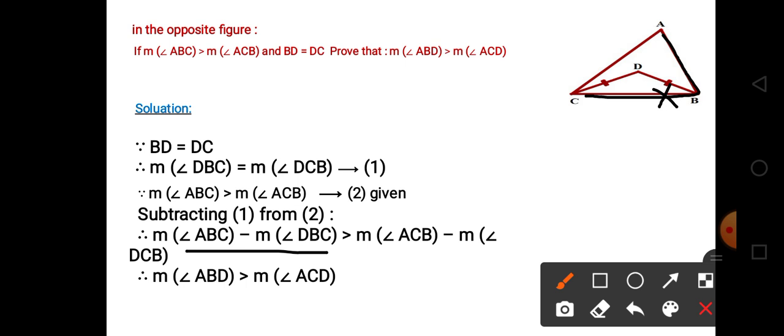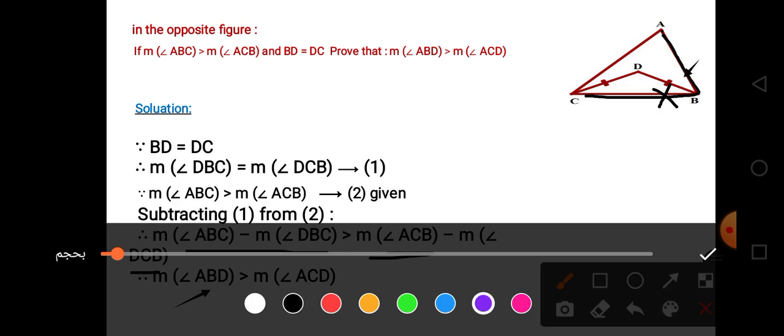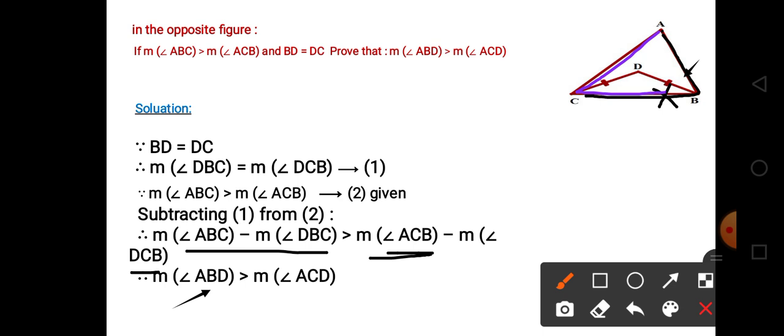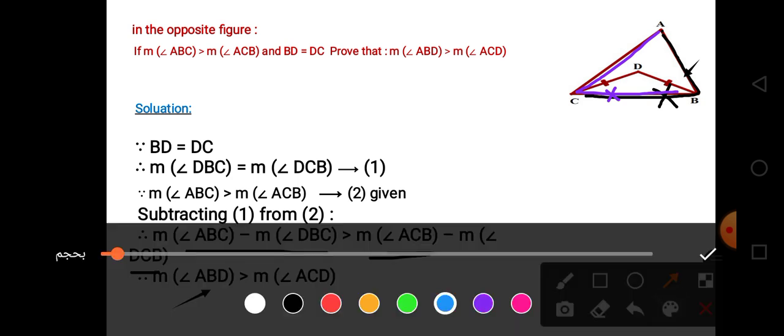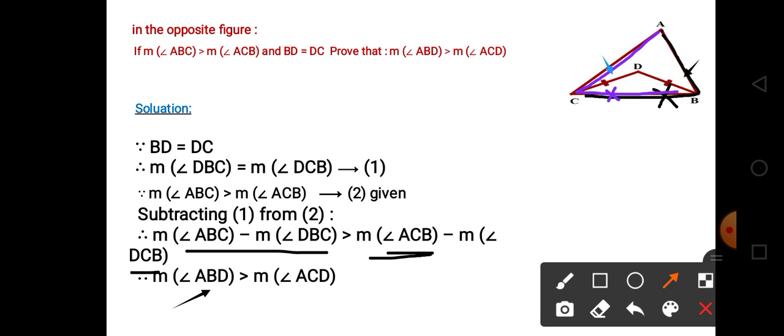The remainder what? The remainder angle ABD here. Measure of angle ACB minus measure of angle DCB. The remainder what? Excellent. ACD. So, measure of angle ABD greater than measure of angle ACD.